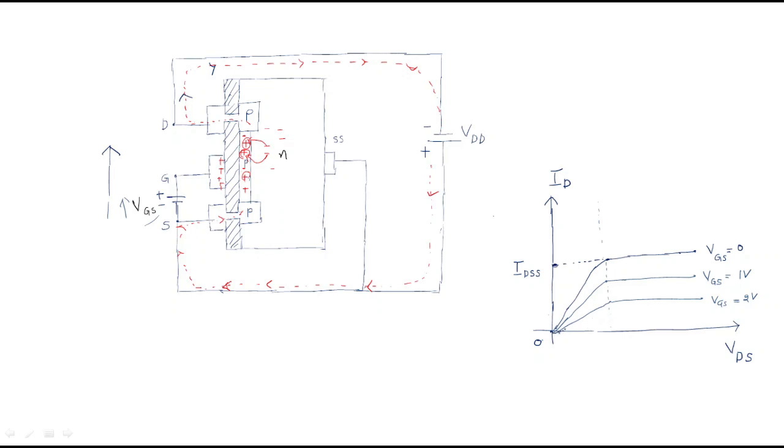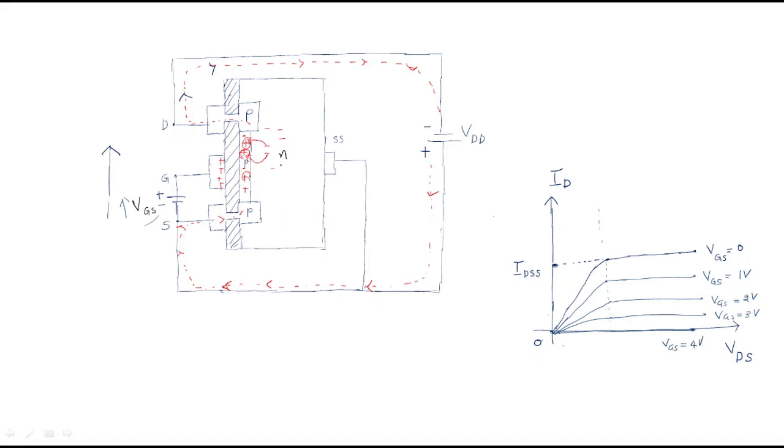this value decreases, gate source value is equal to 3 volts. Okay, if it still increases, for example I am increasing to 4 volts, then the current value becomes 0. Why does it become 0?